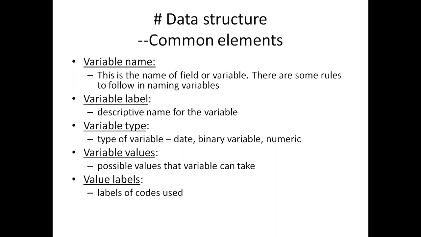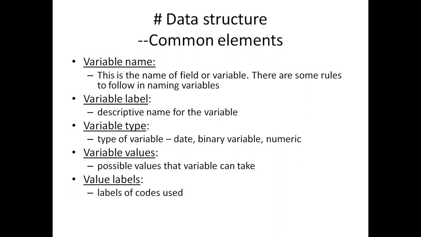The fourth and most important part of our data set is the values that these variables actually hold. Numeric variables take numbers, non-numeric variables would probably be coded in some values, and likewise you have the date variables. That brings us to value labels, where we represent each of those non-numeric variables in terms of codes.